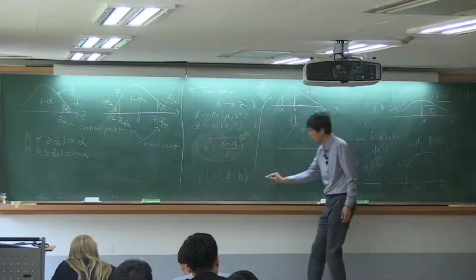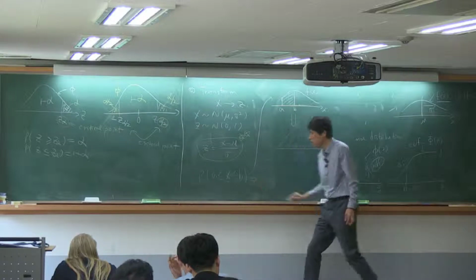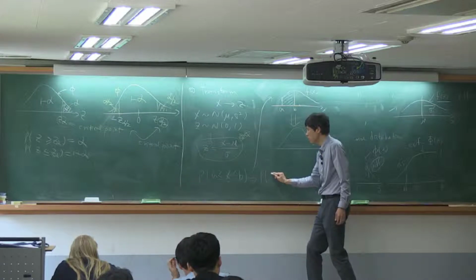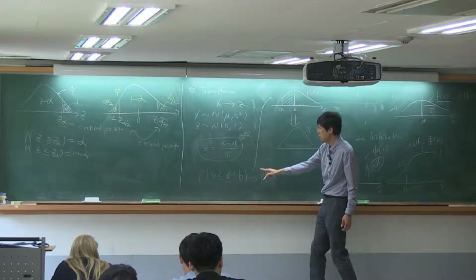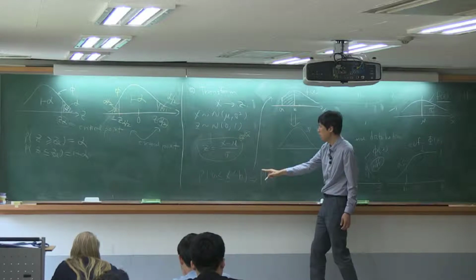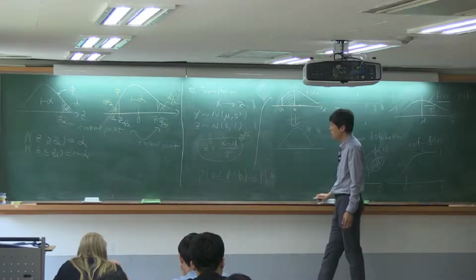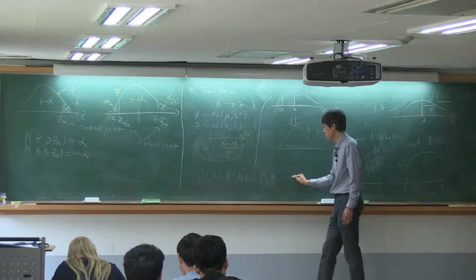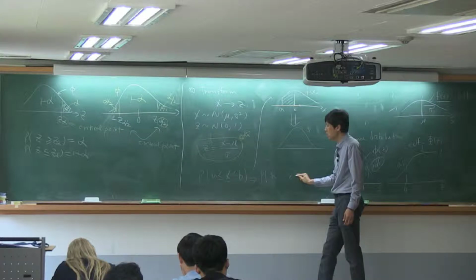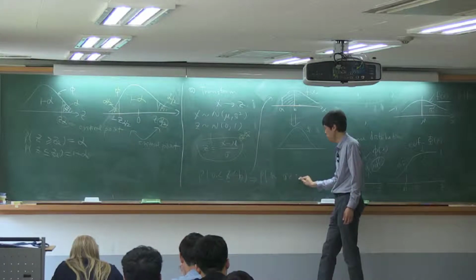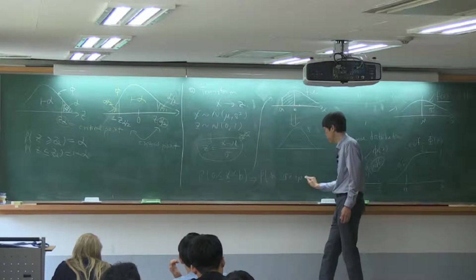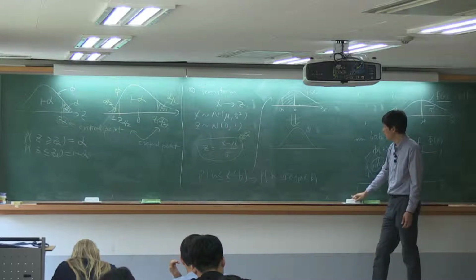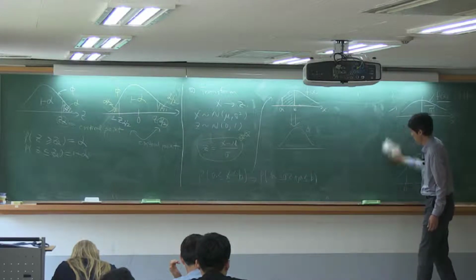Let's convert the probability. What is X? X is sigma times G plus mu.